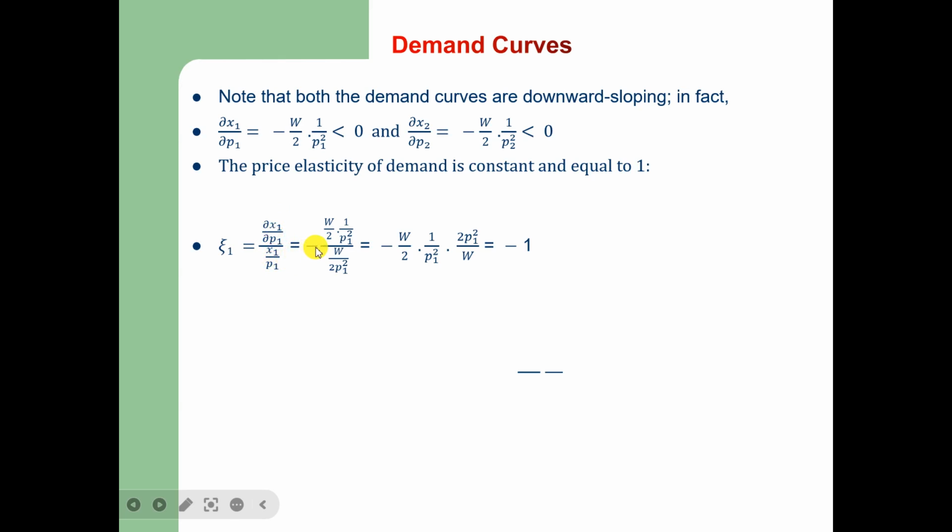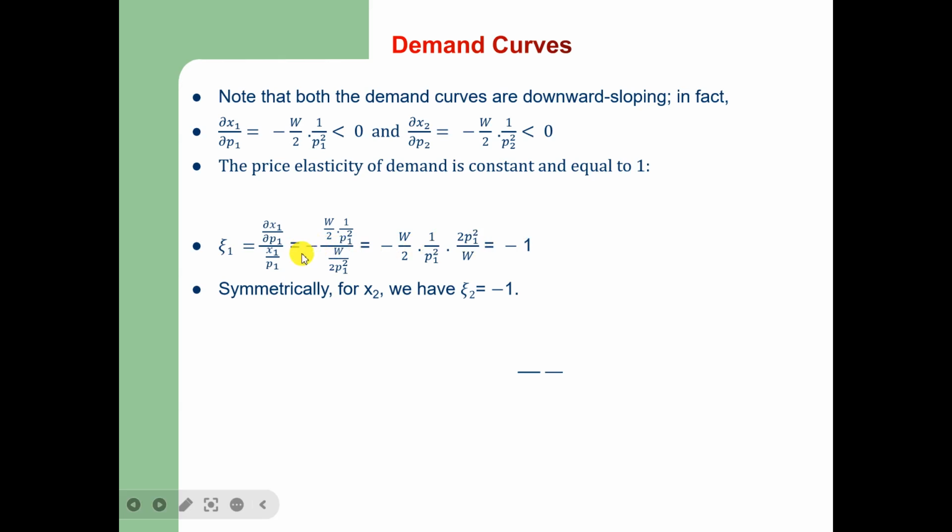And if we simplify that, then we finally have that it is equal to -1. So in absolute terms, the own price elasticity of demand for good 1 is equal to 1. Similarly, this would also be equal to 1 for good 2 in the same fashion.